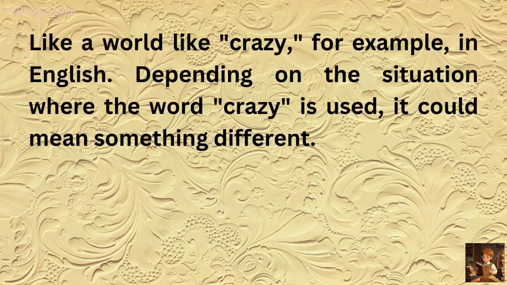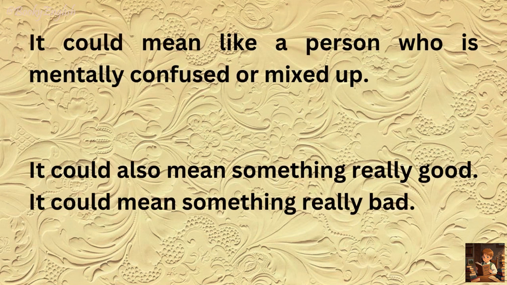Like a word like crazy, for example, in English. Depending on the situation where the word crazy is used, it could mean something different. It could mean like a person who is mentally confused or mixed up. It could also mean something really good. It could mean something really bad.